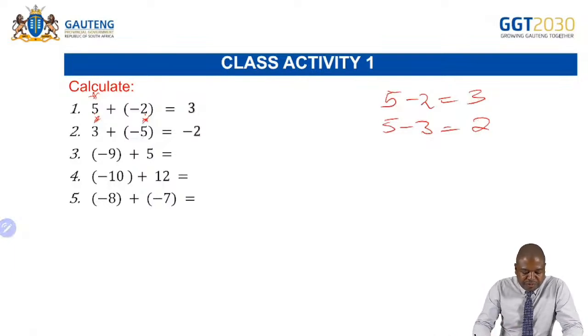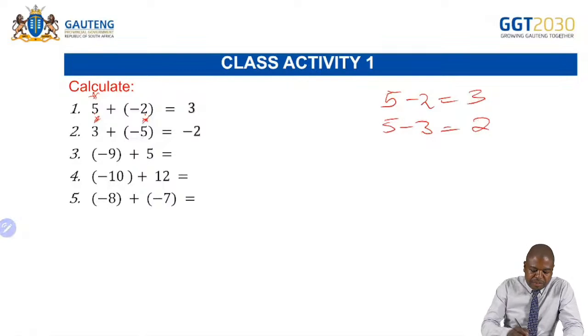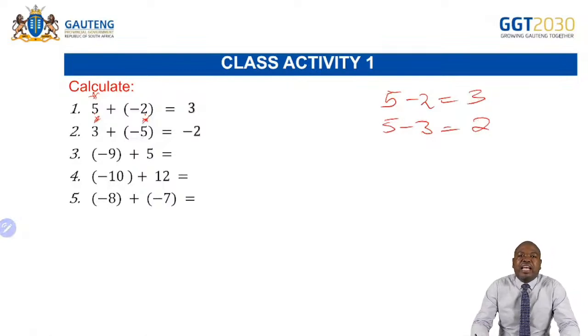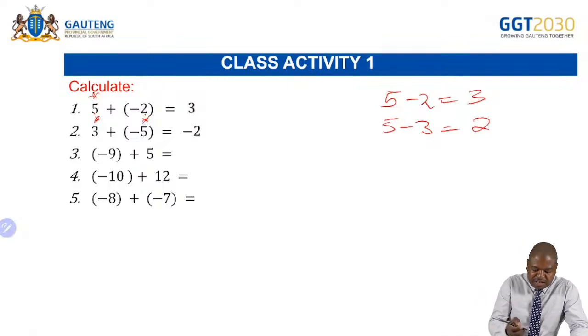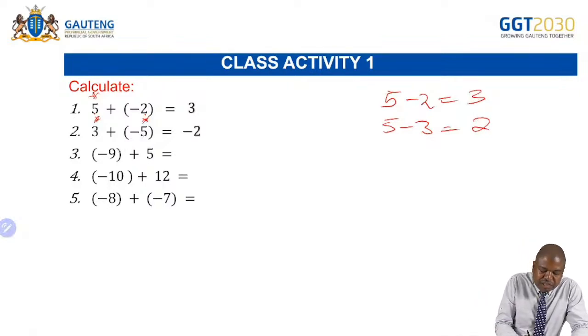Then we have number 3, negative 9 plus 5. We still apply the same method. If you are adding a negative and a positive, you subtract the numbers, but your answer will have the sign of the bigger number. If you're ignoring the signs, which is bigger, 9 or 5?